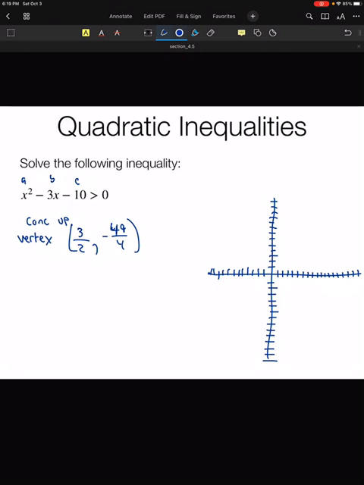So we've got 3/2, which is 1.5, and negative 12. Negative 1, negative 2, 3, 4, 5, 6, 7, 8, 9, 10, 11, 12. So hopefully that's 12 there. So it starts there, and then it goes upwards, so we're going to have something like this.